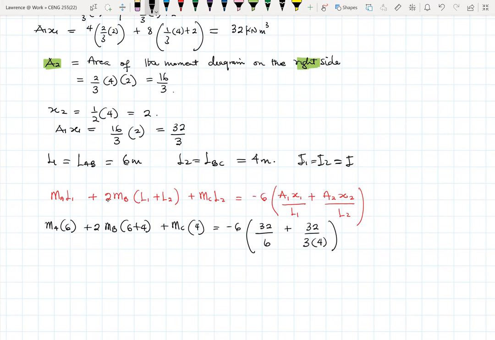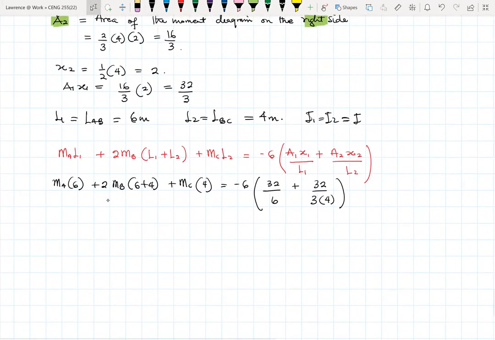Okay. So there are 3 unknowns. We need MA, we need MB, we need MC. So if there are 3 unknowns, we need more than one equation to solve them. But this is one of the special cases, or should I say many special cases. We already know what the moment at A would be.